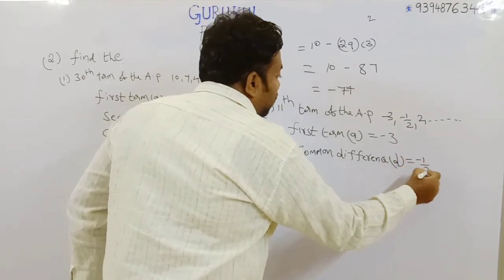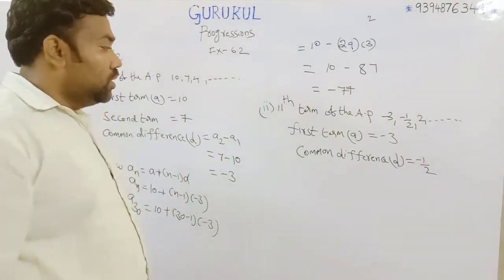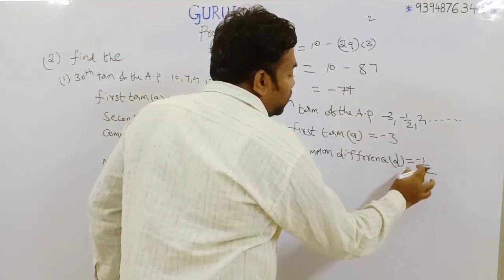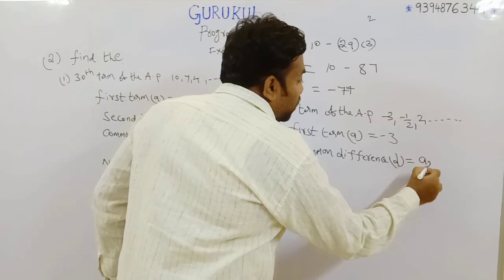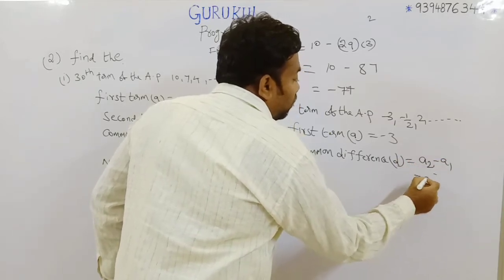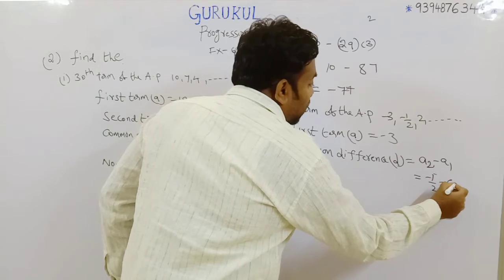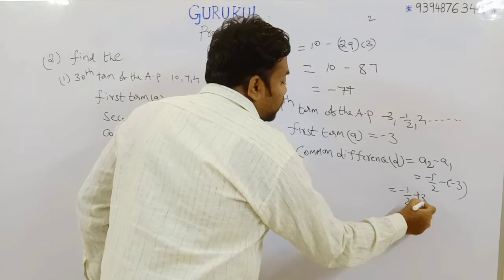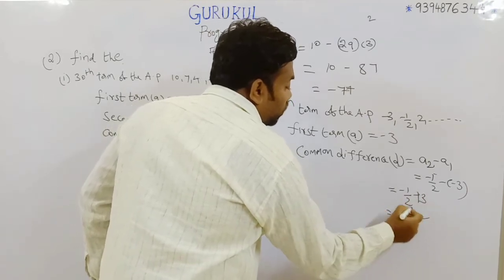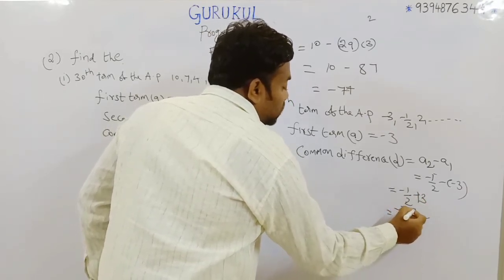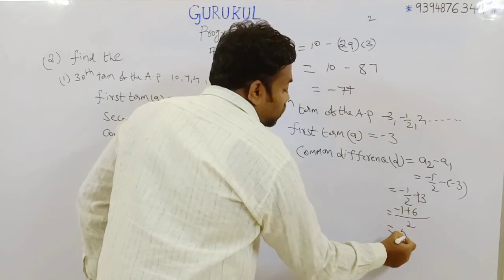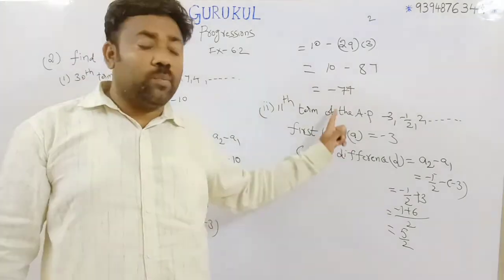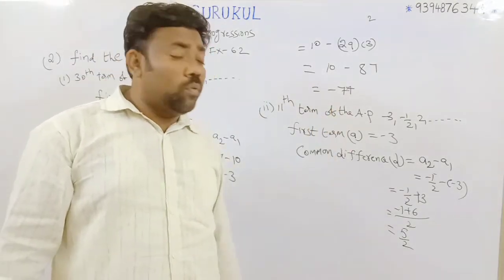Common difference d equal to a2 minus a1, minus 1 by 2 minus of minus 3. So minus 1 by 2 plus 3. LCM is 2. 2 into 3, 6, minus 1 plus 6, that is 5 by 2. So this is the common difference of the given progression. So d equal to 5 by 2.